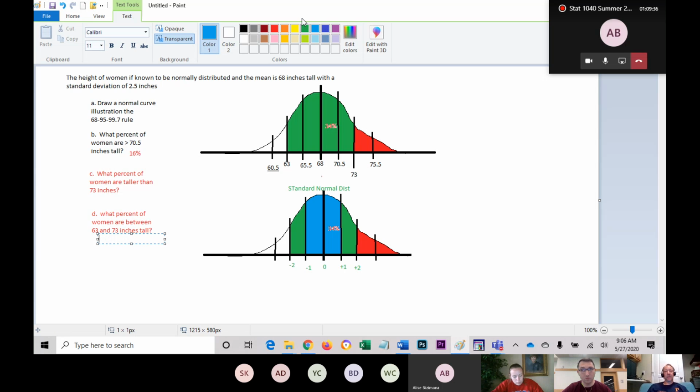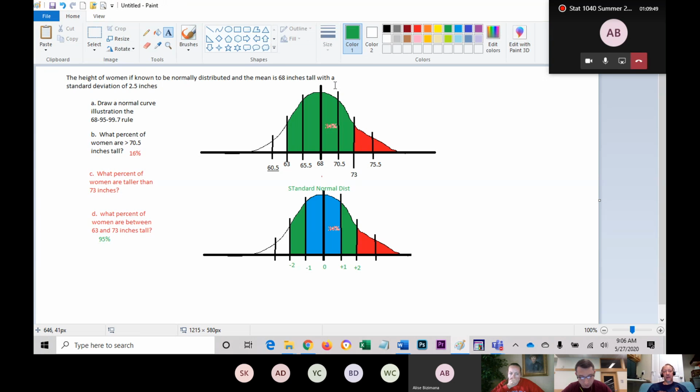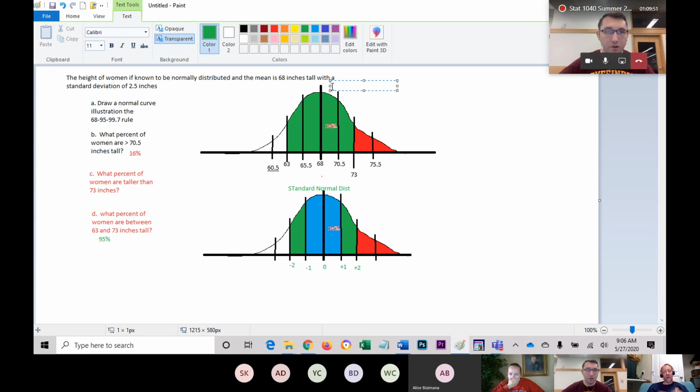Maybe I should do that in green. 95%. Okay. If you've got 95% in this green area here or this green area here, how much is half of 95%? Ali, do you know?